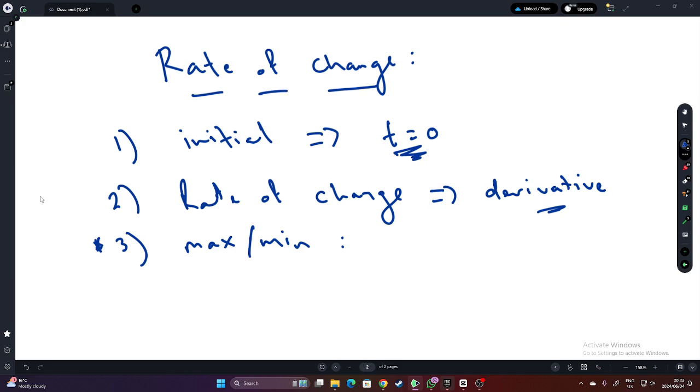So if we see the word maximum or minimum in the question, then we need to do one of two things. We find f prime of t and set it equal to 0, the first derivative, or we find f double prime of t and set that equal to 0, and in both cases then solve for t.